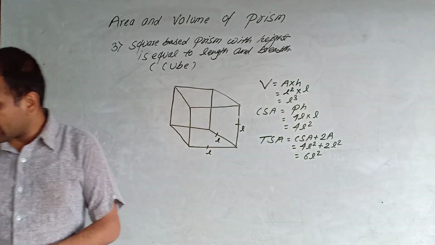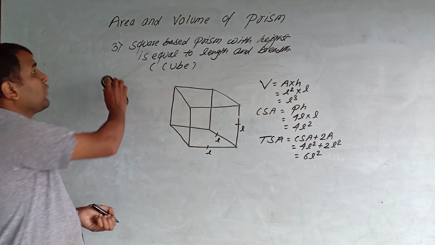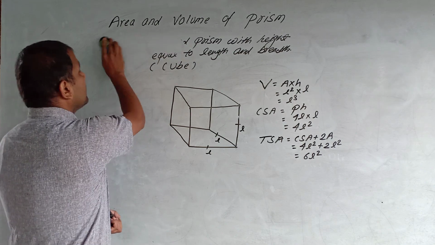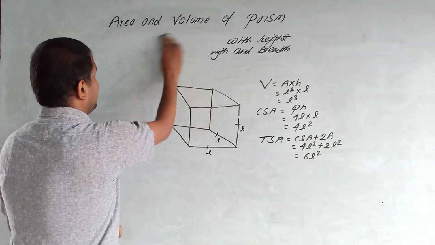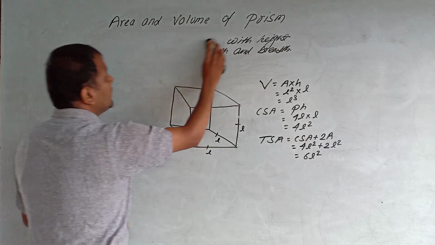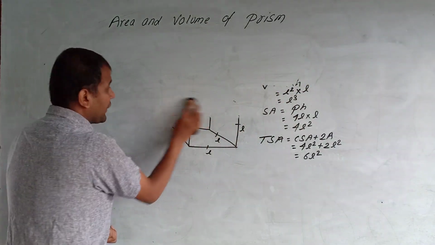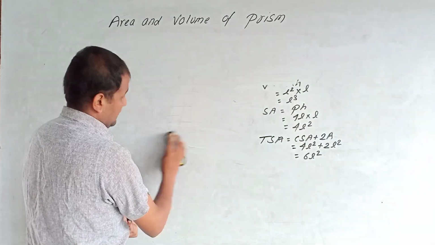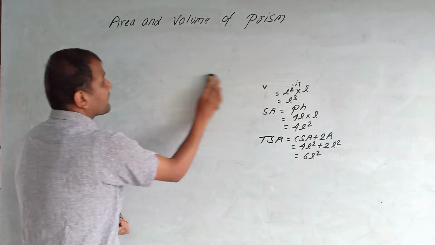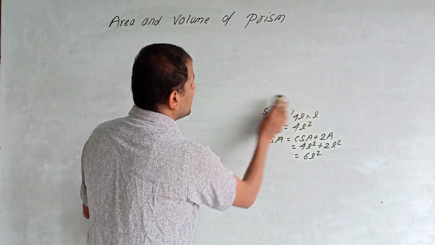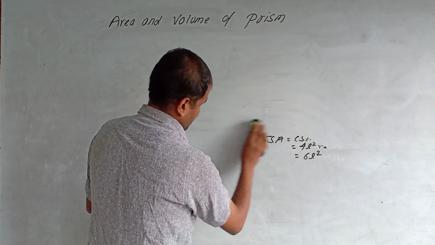Okay, next one is rectangular base prism, that is cuboid. When the base is a rectangle, the type of prism is said to be rectangular base prism.